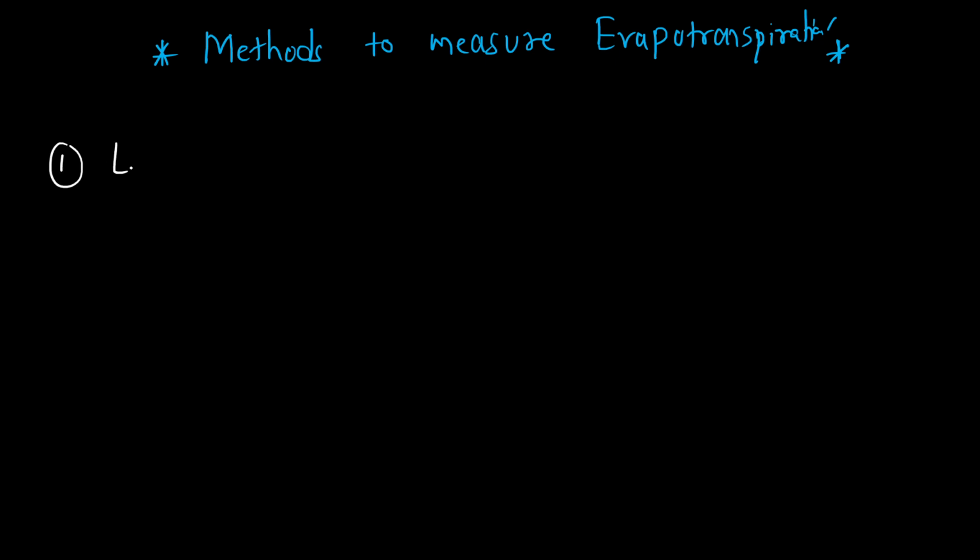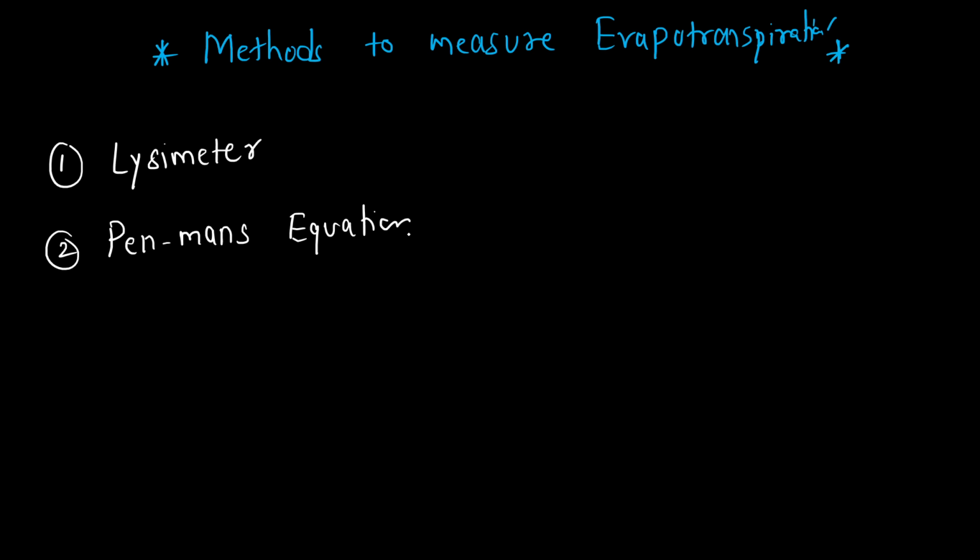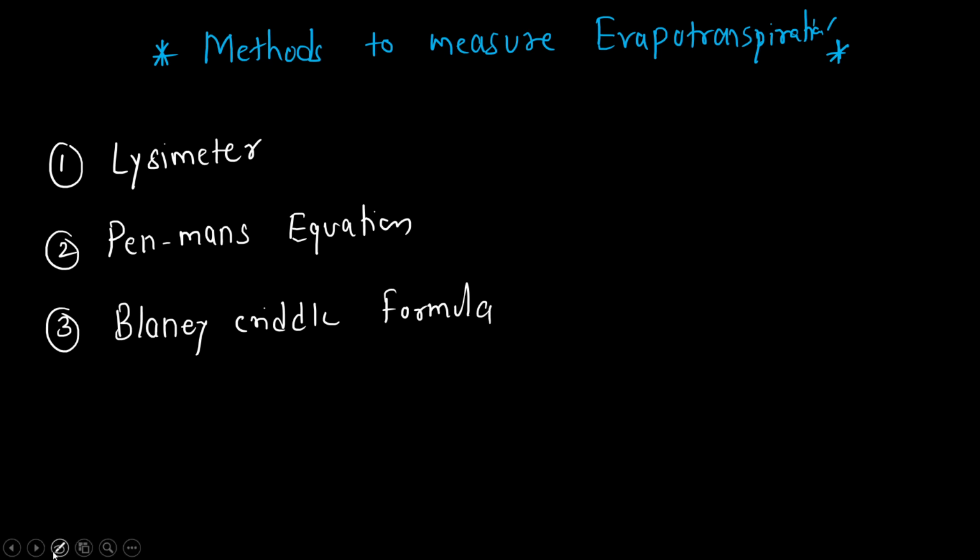The first is called lysimeter. The second one is Penman's equation. And the third one is the Blaney-Criddle formula. Among these, two are empirical equations. From the next video we will start each method one by one.